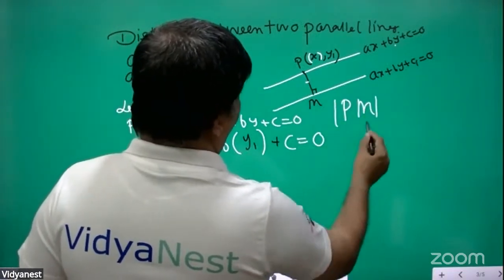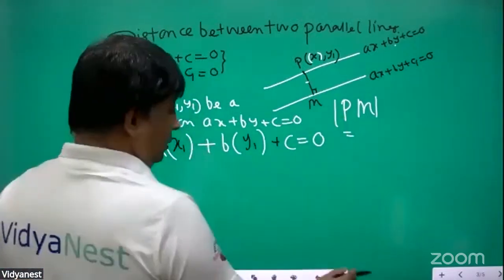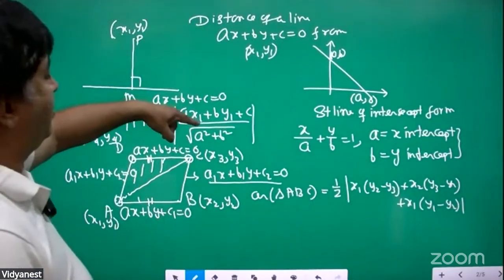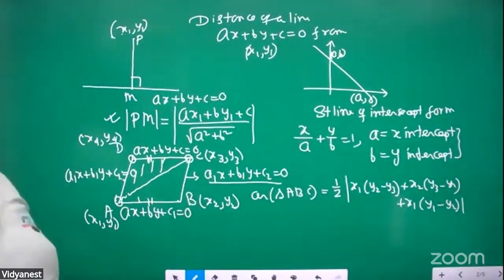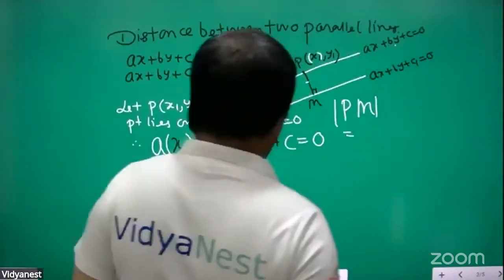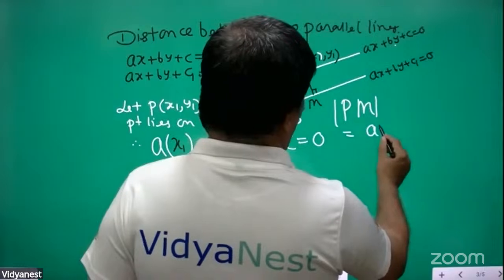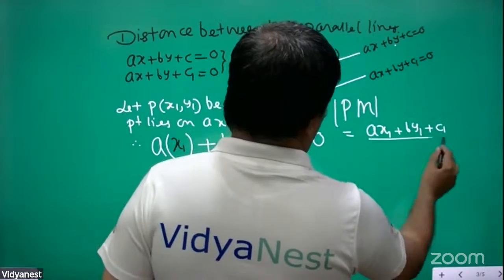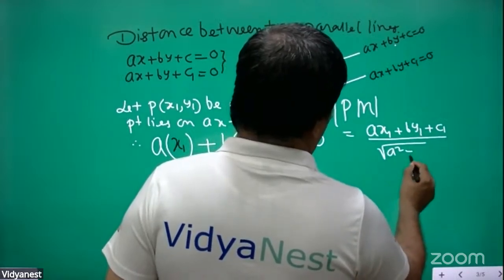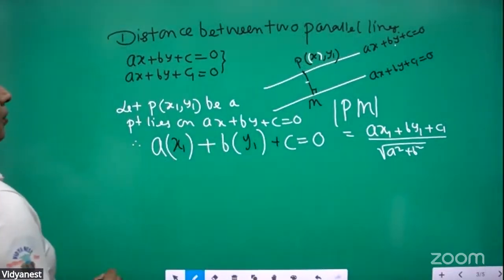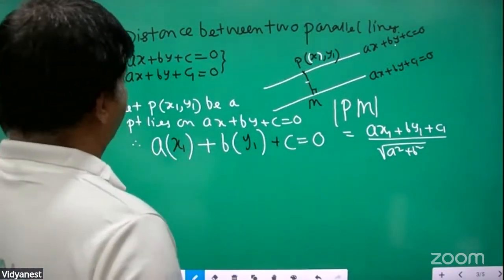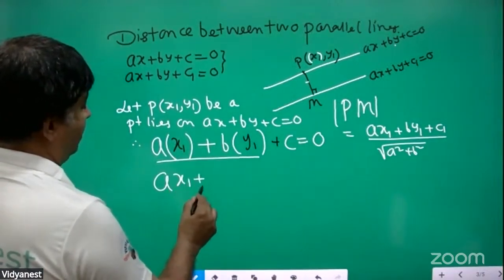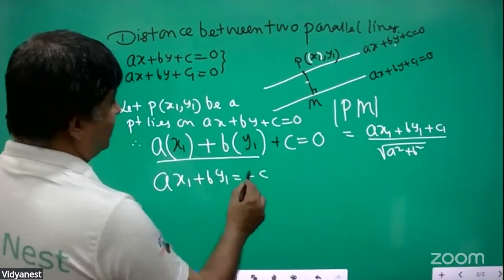What about PM? Distance PM is what? That distance formula which we have already done: ax1 plus by1 plus c1 by root over of a square plus b square. Now, what about ax1 plus by1? ax1 plus by1 is minus c.